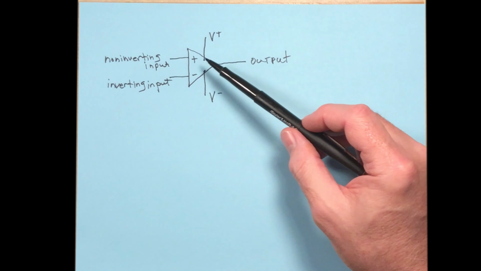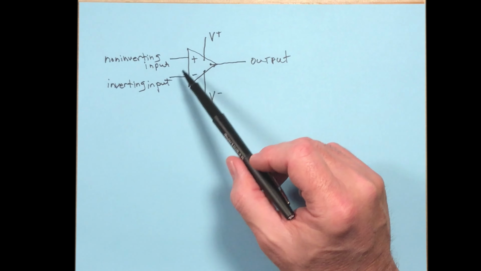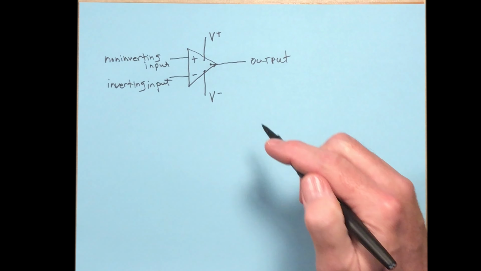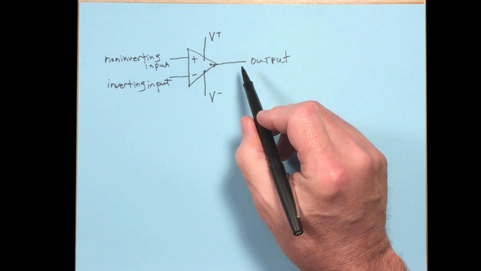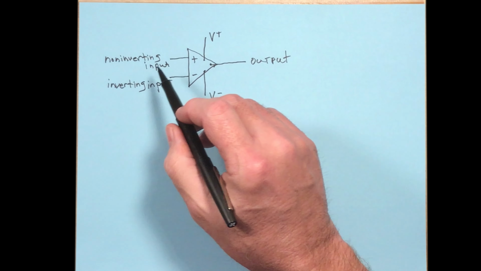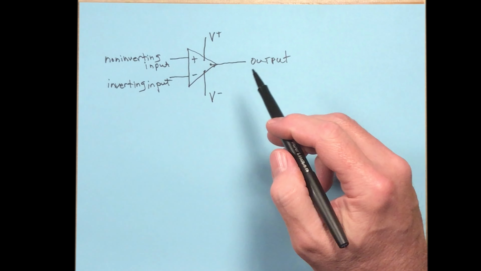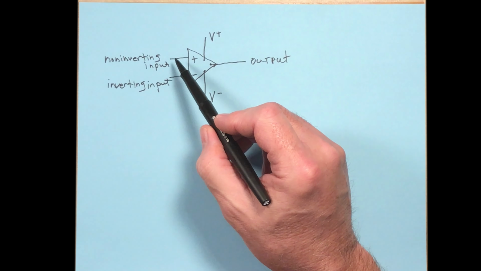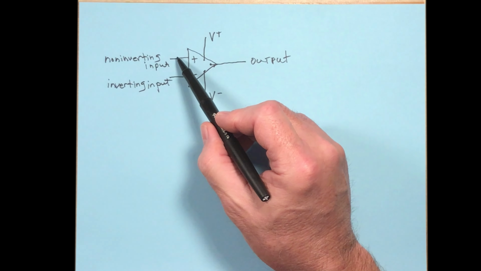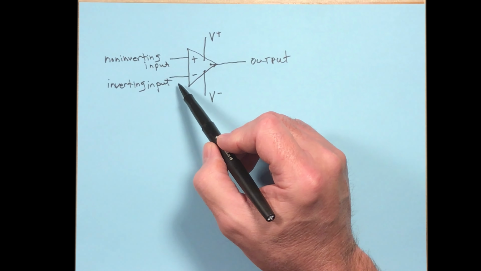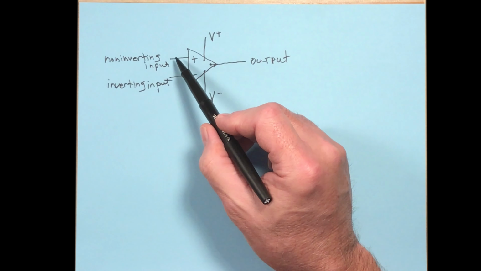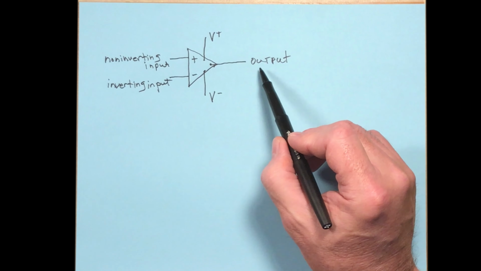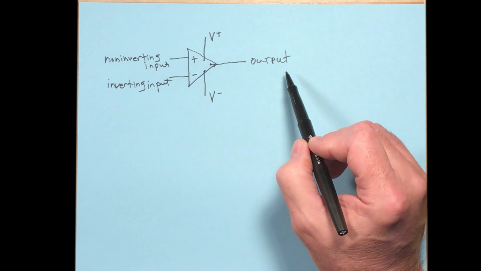Now, in this configuration, this amplifier will do what an amplifier does. It will amplify something. So the output has a gain that is larger than the inputs typically. And the output is proportional to the difference here. If we have some voltage on the non-inverting input and another voltage on the inverting input, then whatever that difference in voltage is, that's going to be the output over here multiplied by the gain.